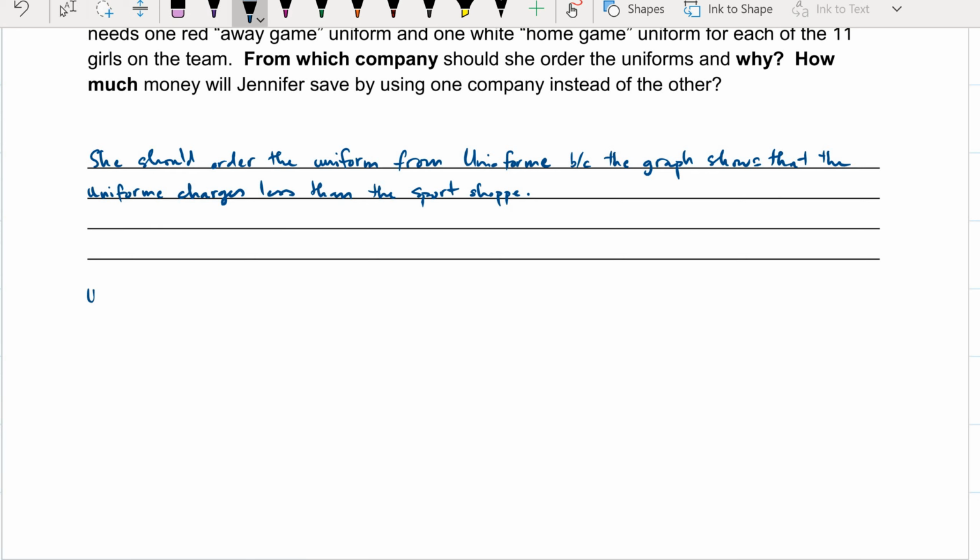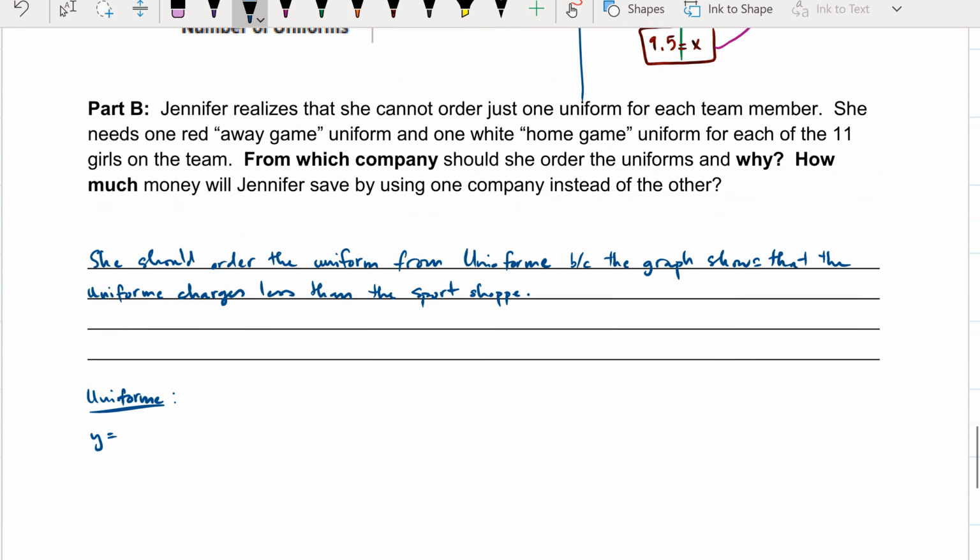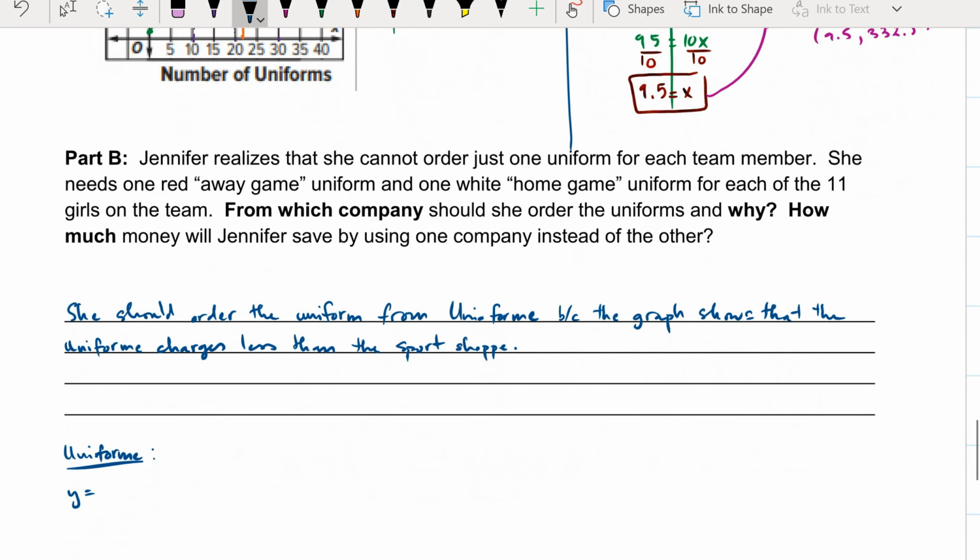So Unique for Me's equation was y equal to 25x plus 95, and the other one, Sport Shopee, the equation was y equal to 35x.